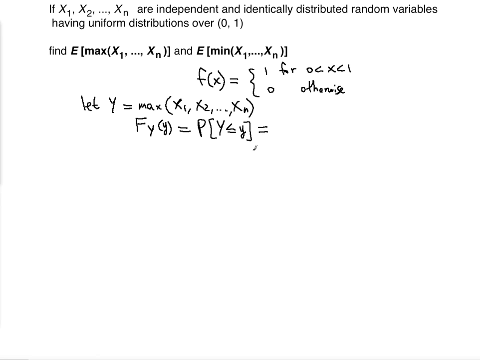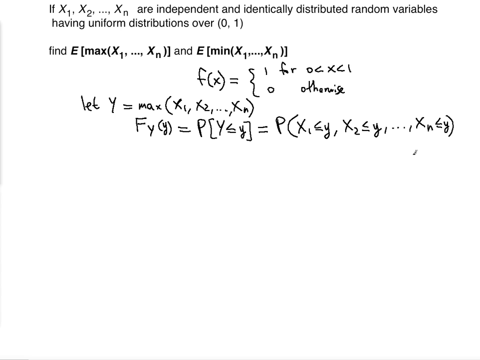Now we can make a substitution back, so to speak. We know that random variable Y was equal to the max of the collection. So it's equal to the probability of X1 being less than or equal to y, X2 being less than or equal to y, because we're dealing with a collection, all the way until Xn is less than or equal to y.